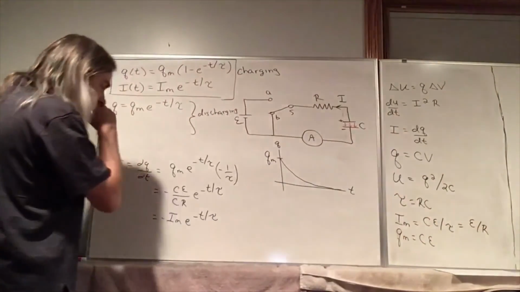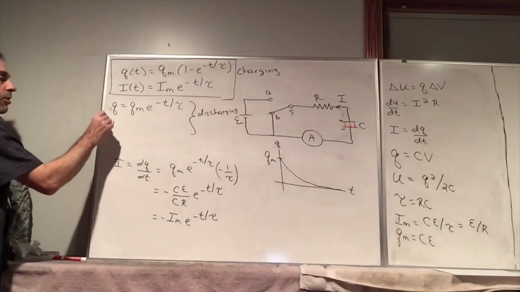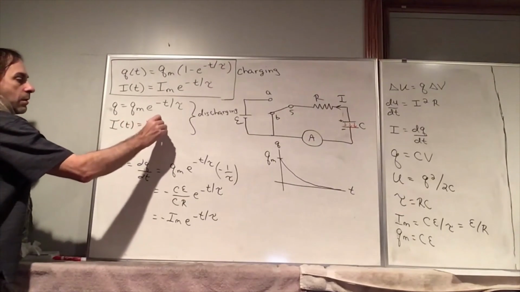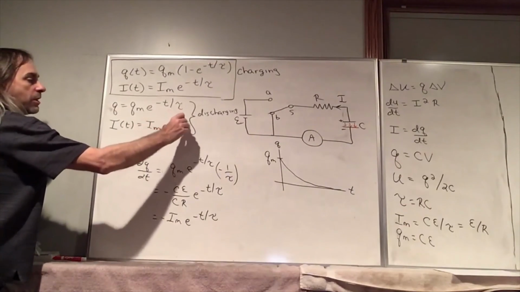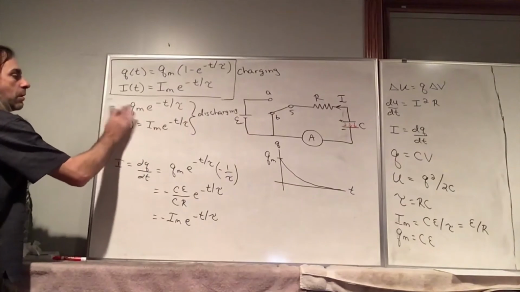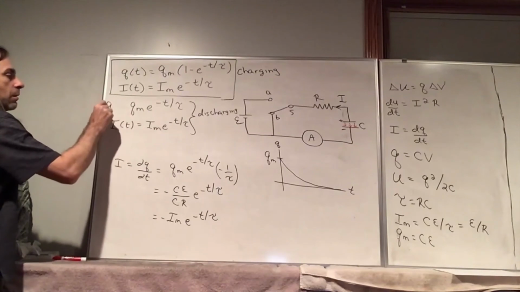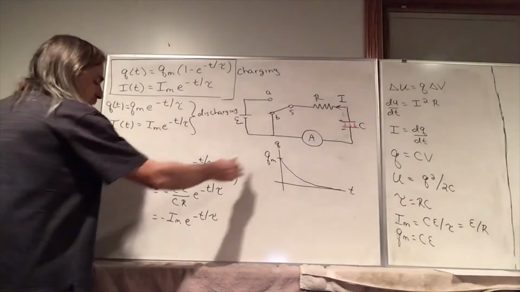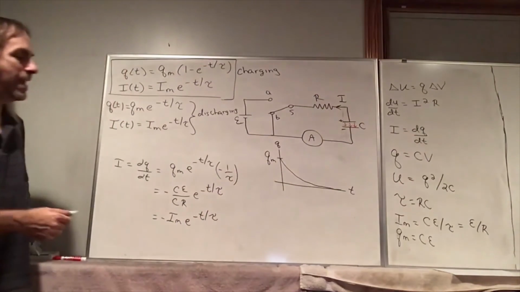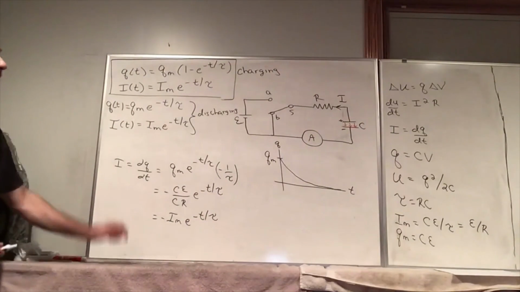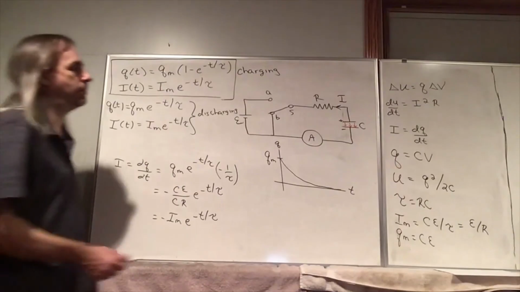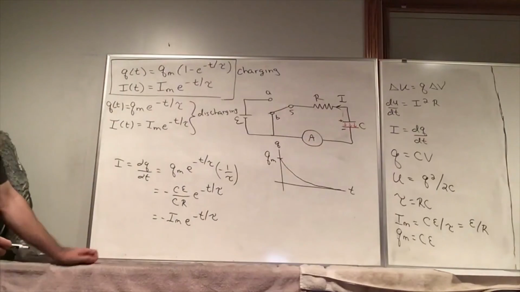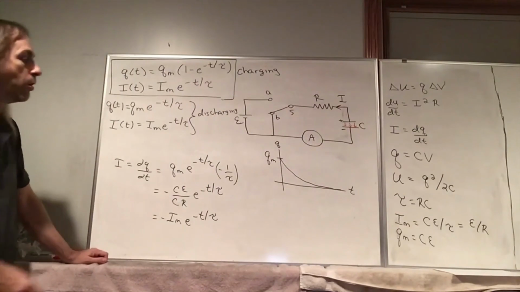Okay, so let's write this here, the current as a function of time. Looks very similar. And yeah, if we plot it, it's kind of going to be the same thing. We have this minus sign in front. And here the current is going counterclockwise, the opposite direction as it was going here.